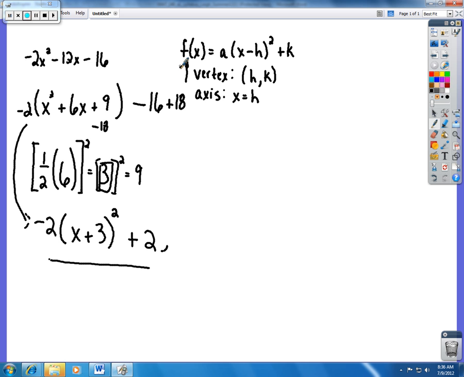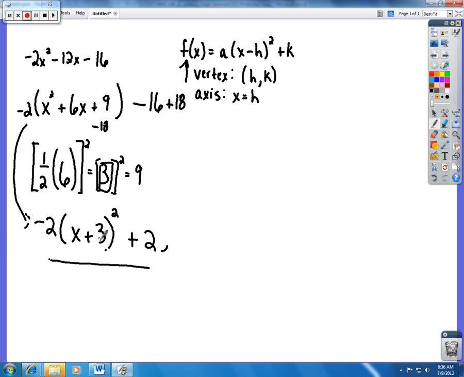Now that I've got it in this form, I can just plug in values. Make note that this is a subtraction sign, so you're essentially going to do the opposite. h is always going to be the opposite of whatever is in here. If you've got a plus 3 in here, then h is negative 3.